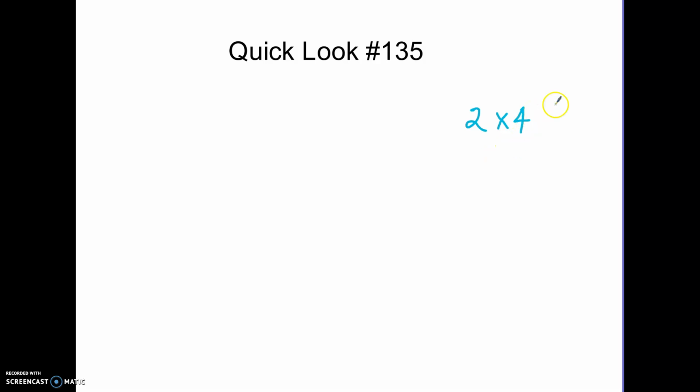And when I say I saw 2 rows of 4, I mean like this. Okay, 2 rows of 4. Maybe you saw it as 4 plus 4 again. Or maybe when you saw it in the rows like this, maybe you saw it as 2 plus 2 plus 2 plus 2. Okay? All right, let's try one more.